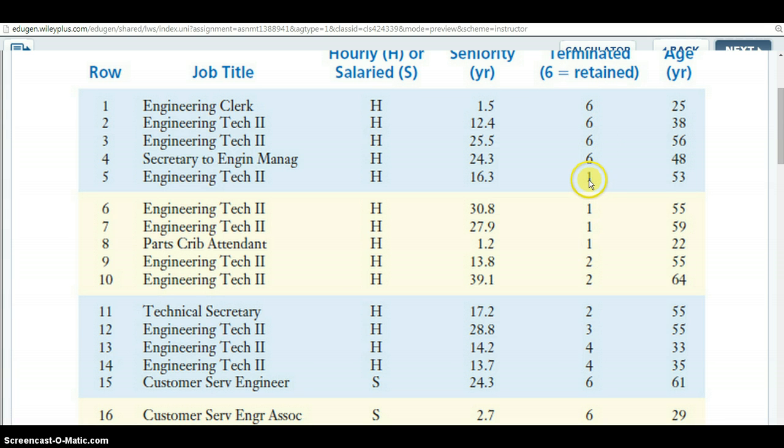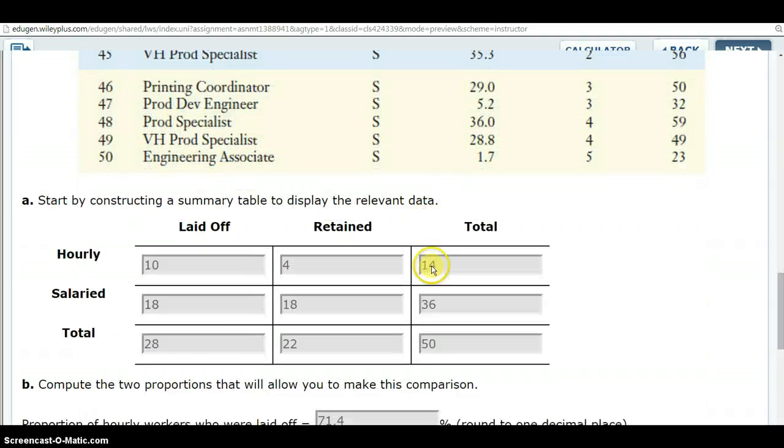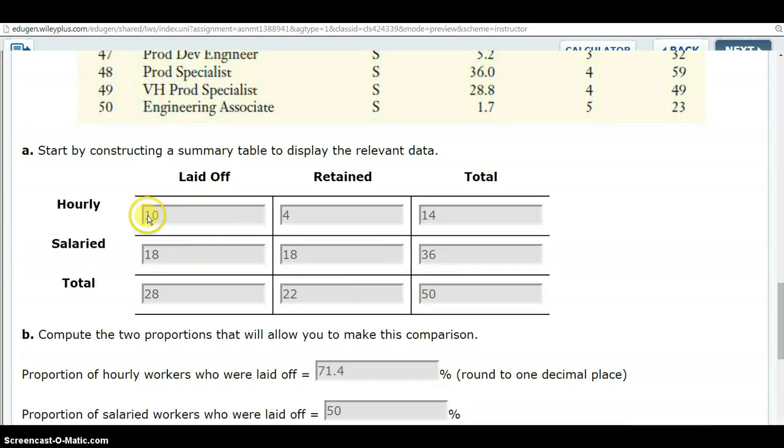So we have 1, 2, 3, 4, 5, 6, 7, 8, 9, 10 who were not retained. So in other words, 10 were laid off, and you could go back and count that 4 were retained. Similarly, if we look at the salaried workers, we'll get 18 laid off, 18 retained.